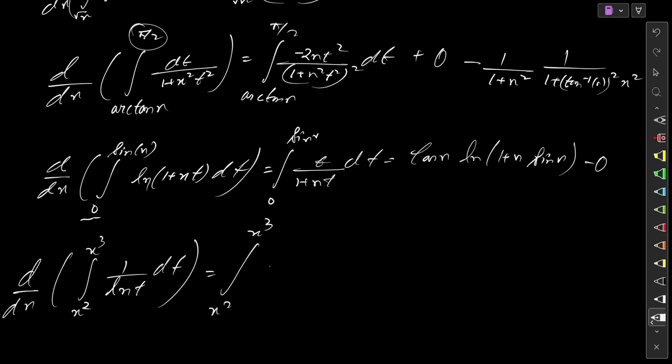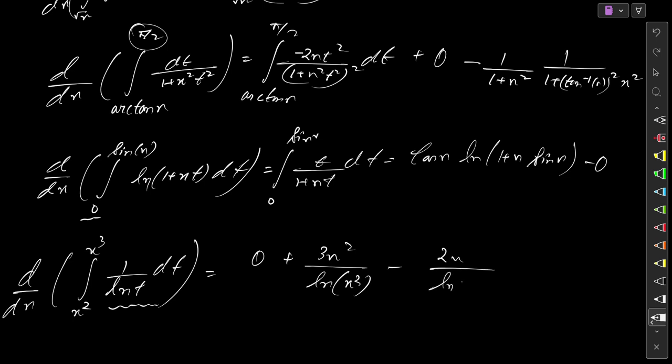But wait, I can see that this question is given in only t, right? In that case, if you evaluate using the partial derivative, you will get the partial derivative as 0. So after that, this would be 3x square over ln of x cube minus 2x over ln of x square. So here's our answer.